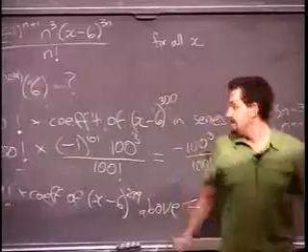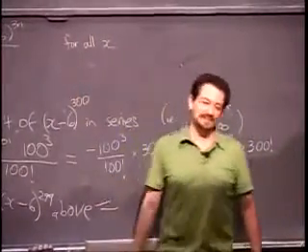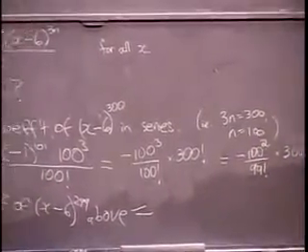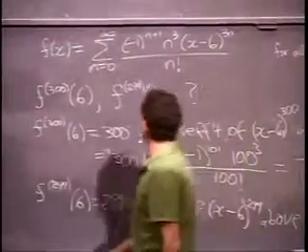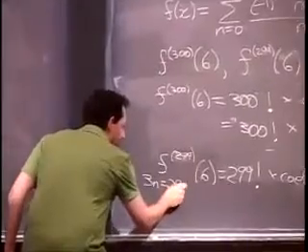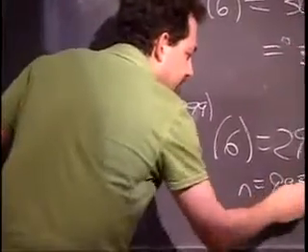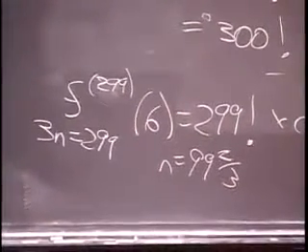Okay, so the question is, what n can you plug in to get a power of 299? Yeah, well, you'd have 3n equals 299. So that means that n is 99 2/3. Can n be 99 2/3 in this series?